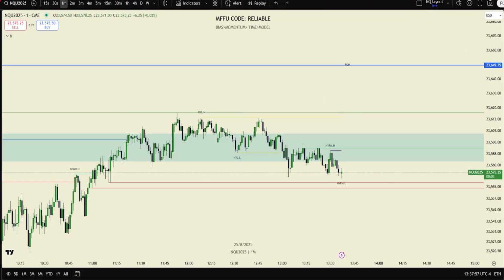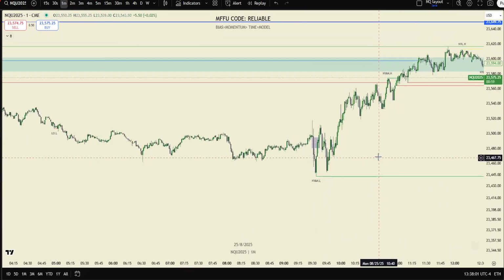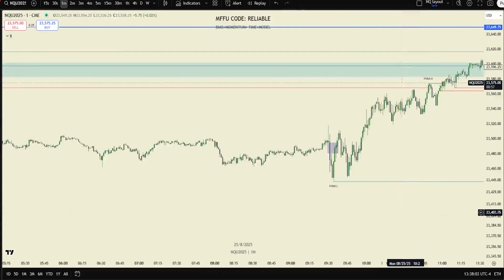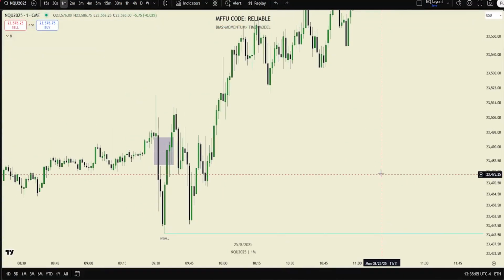50% isn't a draw on liquidity. Don't target 50% as a draw, guys. Unless there's a liquidity level near 50, it's not a draw. If we're thinking about draws on liquidity as being stop losses, has ICT ever talked about people placing their stop losses at 50%?